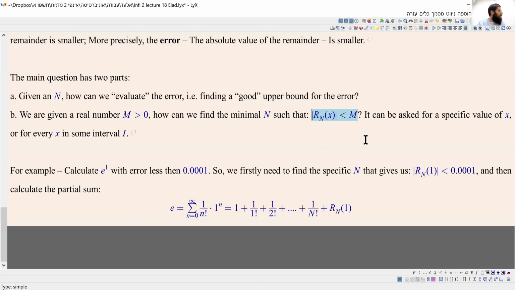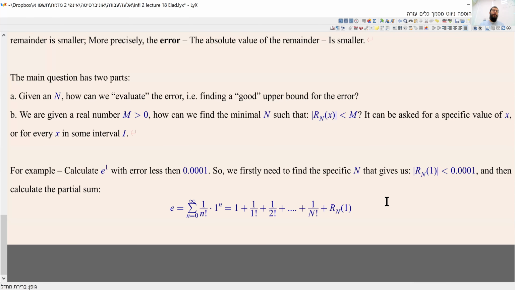I divide my answer into 2 parts. I don't know how much Erez talked about it in the first course. When I teach Infi 1, I usually try to talk about it a little, in order to prepare the ground, as we say in Hebrew, for Infi 2.